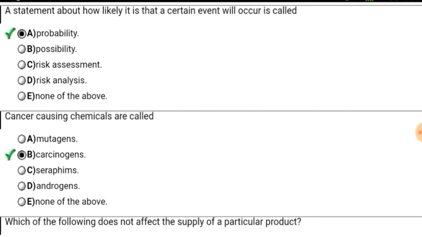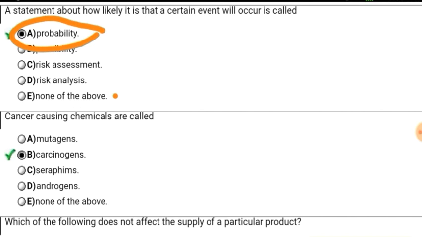First question: a statement about how likely it is that a certain event will occur is called probability, possibility, risk assessment, risk analysis, none of the above. So our right answer is probability. Probability is a statement about how likely it is that a certain event will occur.